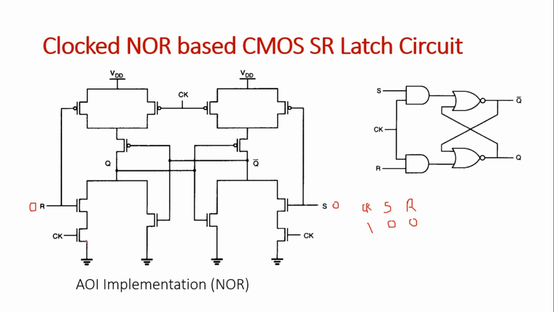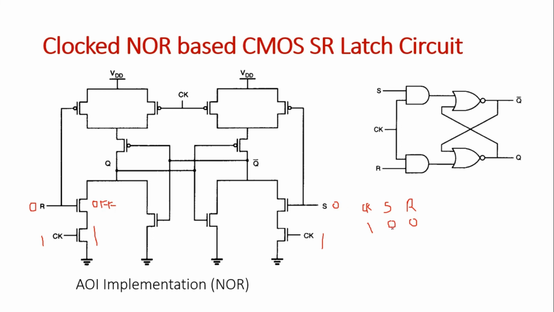This is 1. Okay, so at that time, if it is a 1 over here, then as this is the NMOS transistor, it will be turned off. So you can say that this transistor will be turned off, this will be turned on, and it will be short circuited.